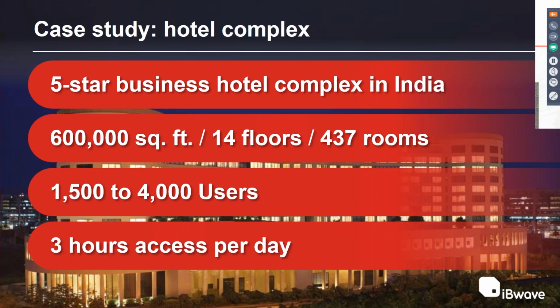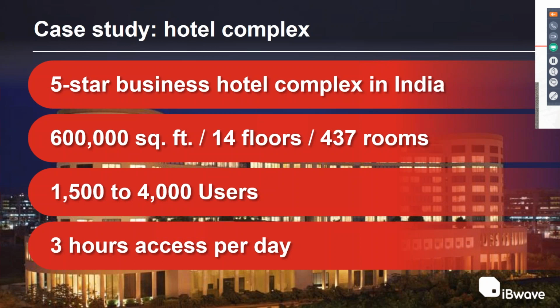In terms of the number of users, that ranges from 1,500 to a peak of 4,000 users, depending obviously on what event is happening on that particular day. And because it's already a fully operational 5-star hotel, there's a limited amount of access time per day. In this particular case, there were only 3 hours allowed to do work on the network, right? That obviously has implications in the deployment phase. All right, so those are the high-level parameters of the venue.